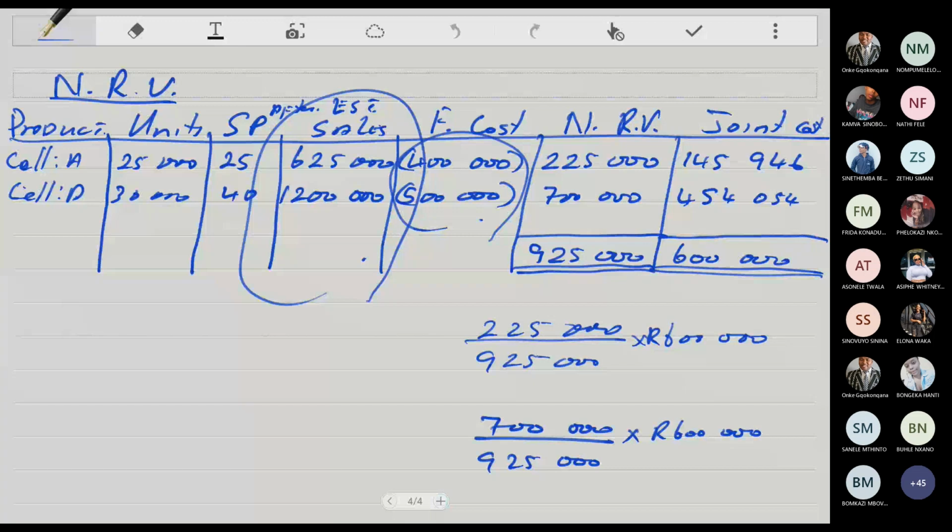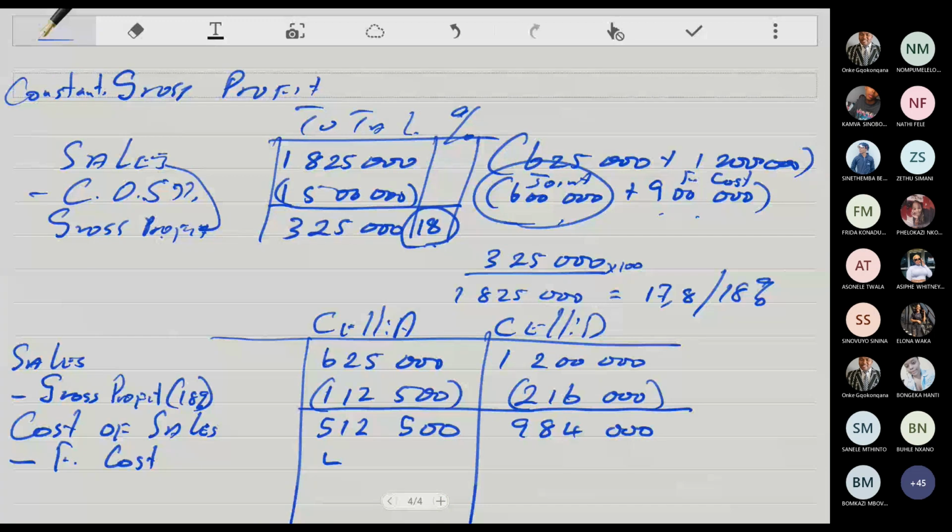So we take 512,500 and minus 400,000, and it gives you 112,500.